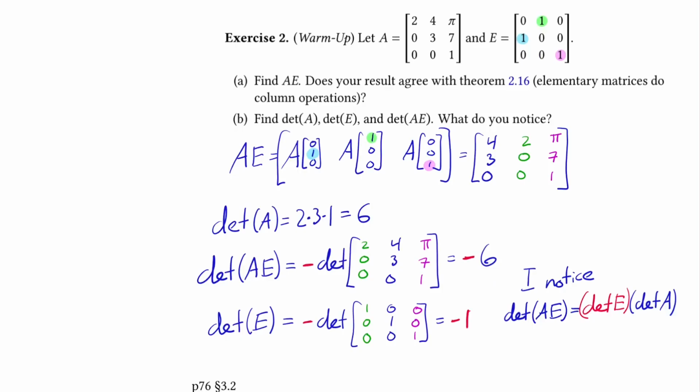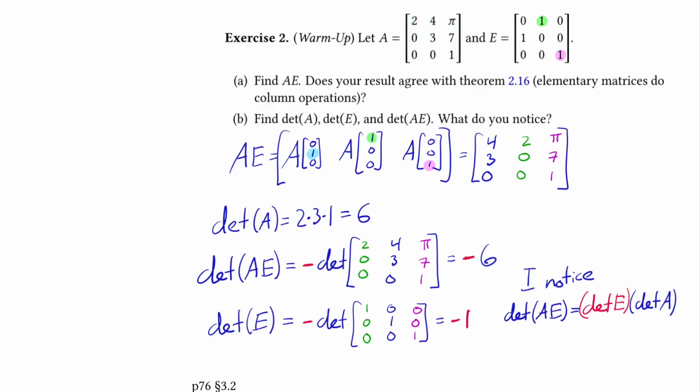Okay, for exercise 2, part A, yes, when you multiply the matrix A times the matrix E, each of these columns in the result is a linear combination of the columns of A using corresponding entries in the corresponding column of E as weights.